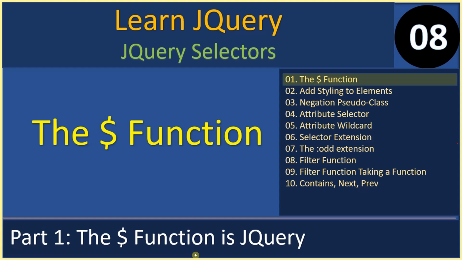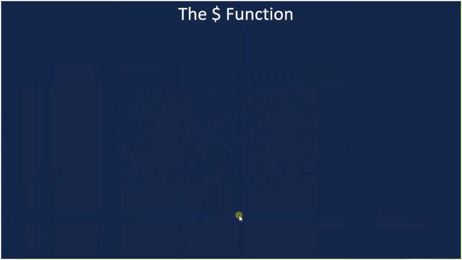In the previous sub-series, we got introduced to jQuery, and during that time itself, you saw the usage of dollar. Alright, here we will get a review of dollar function. The function dollar represents a jQuery object.